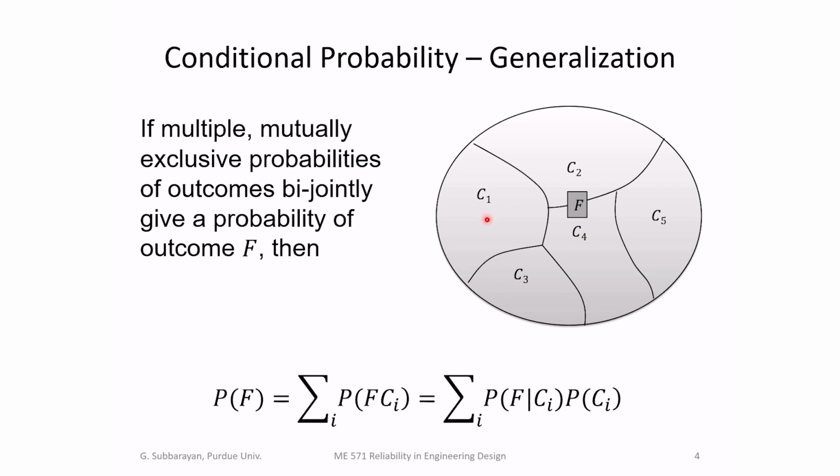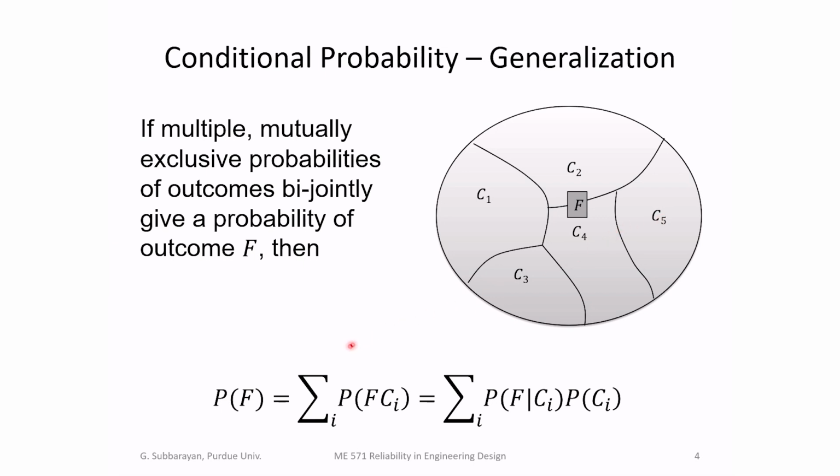Therefore, we can think of the failure event as having many causes, but they're all mutually exclusive and disjoint, meaning that failure could occur either by C1 or by C2 or by C3 and so on.